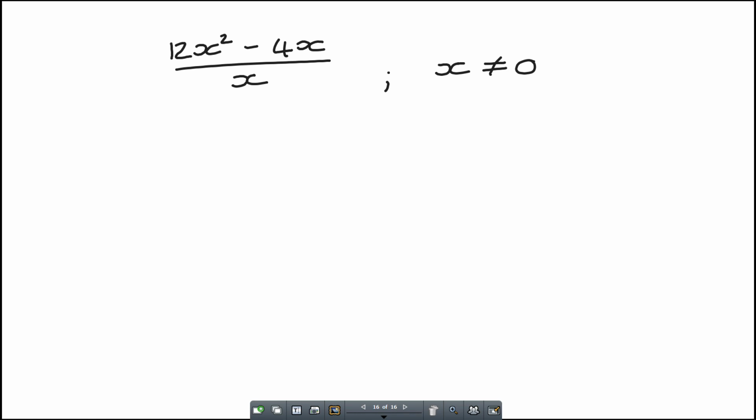No, this is the question. All you have to do is break it up and say 12x squared over x minus 4x over x, and then we cancel out, so that will be 12x minus 4. So it doesn't influence anything you're going to do. I just want you to understand why it's there.